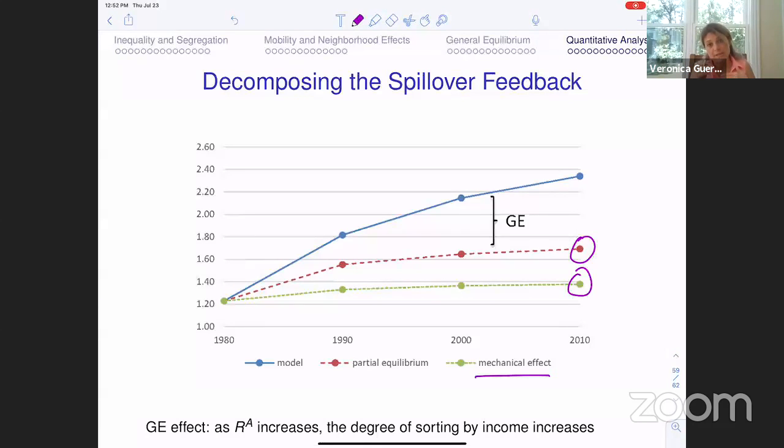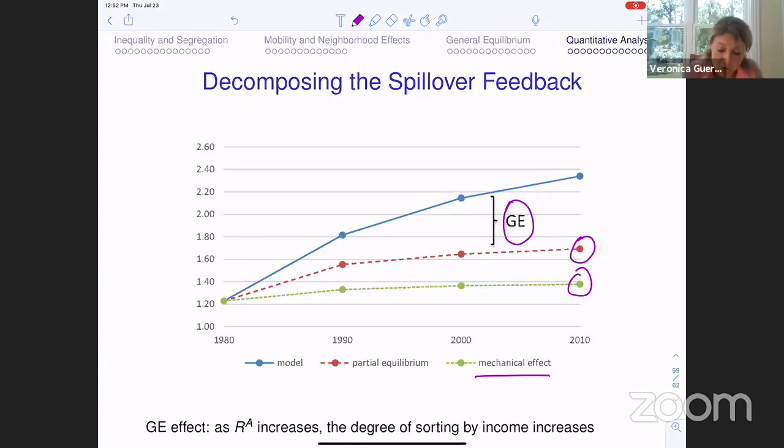But then there is the general equilibrium effect that comes from the fact that the rental rate in A increases. This generates an additional increase in residential segregation by income, and that increases the gap between the spillover in A and B even more.